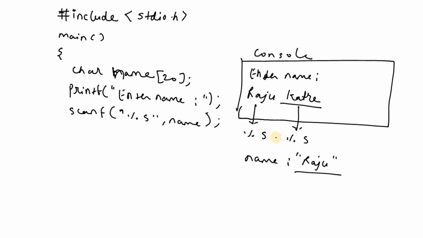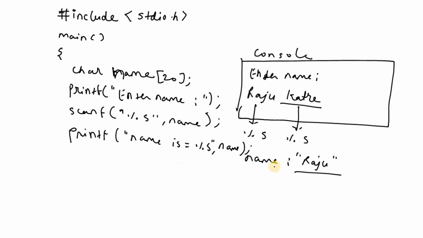So later, if you want to print, printf "Name is %s", we are printing the name. In the name, what is the value?